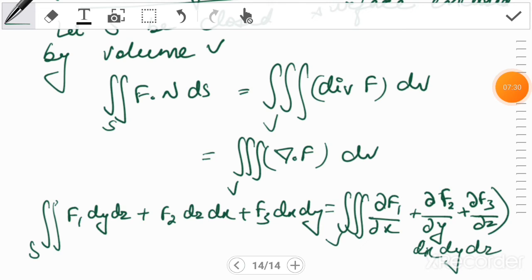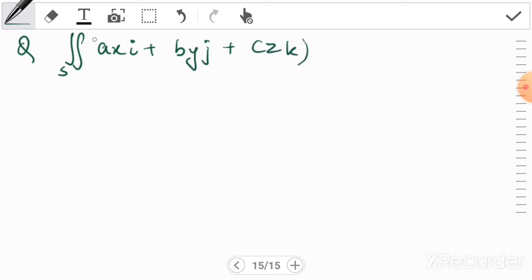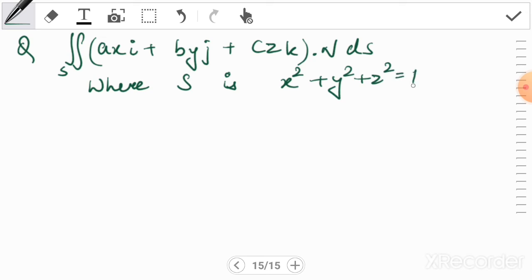let us have one example. So question: the value of the surface integral of axi plus byj plus czk dot n ds, where S is the surface of the sphere x square plus y square plus z square equal to 1.